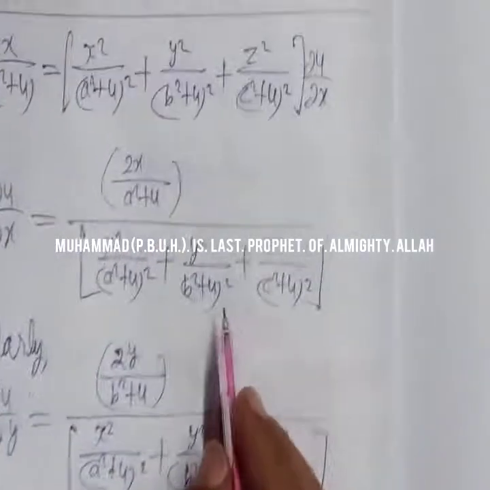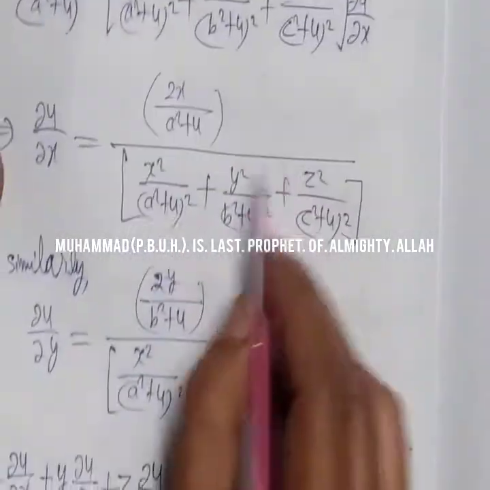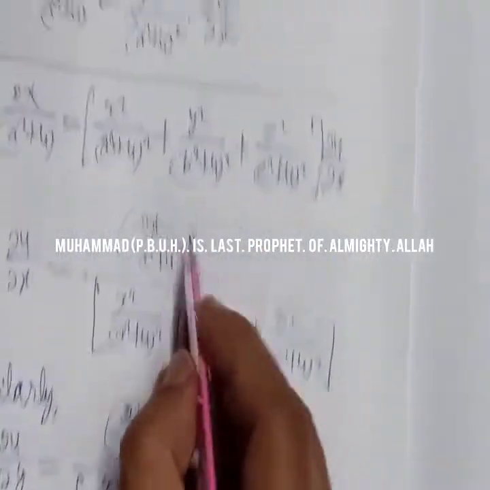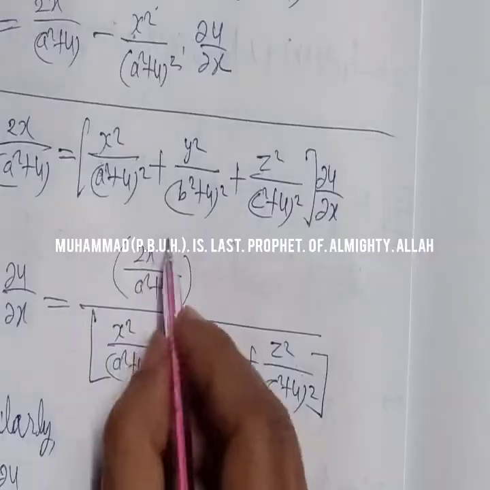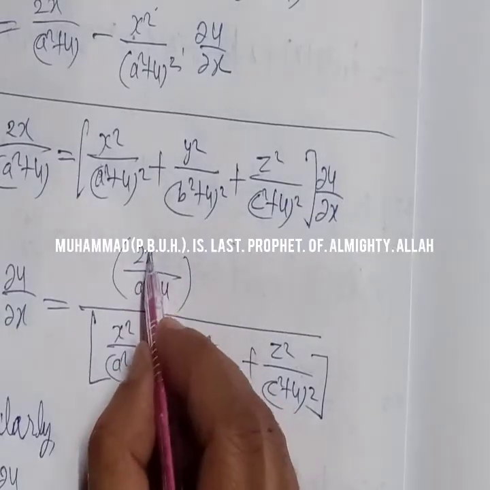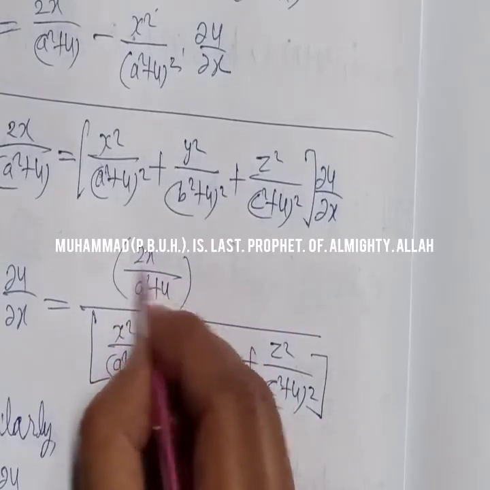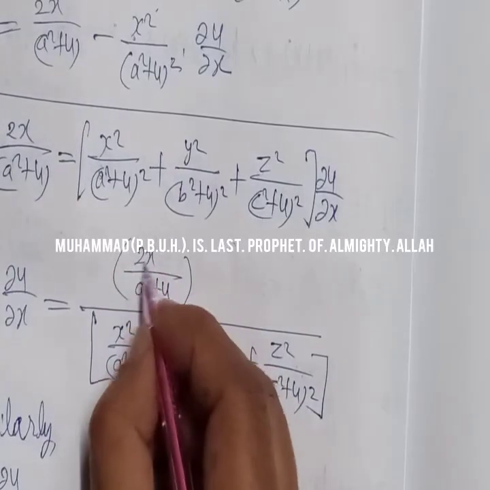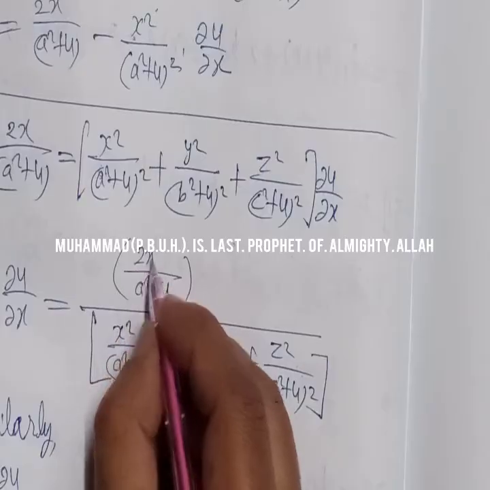This value you are seeing here. When it is multiplied by x, x will multiply only the numerator, so this becomes 2x square.